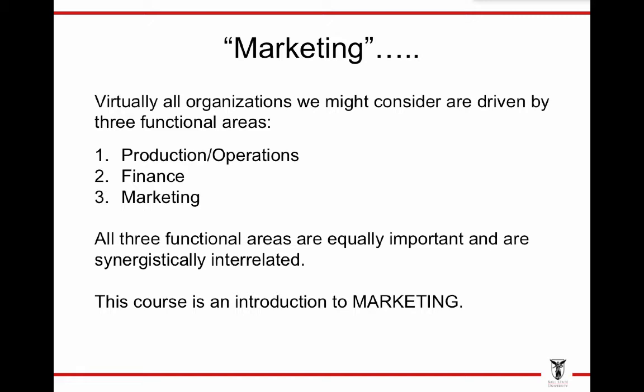All three functional areas are equally important and are synergistically related. By that I mean that any decision that we make in production or finance or marketing have an impact on the other two areas, so please keep this in mind as we go through the course.